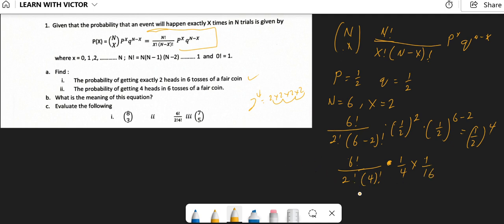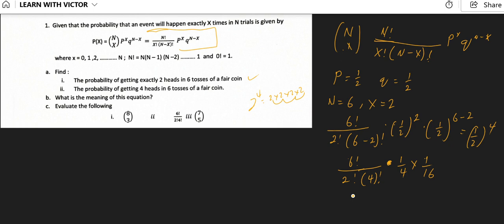Now I can expand the factorial. 6 factorial can be 6 multiplied by 5 multiplied by 4 factorial, because factorial means reduction of value, and I have 4 factorial here. So 2 factorial, then 4 factorial, multiply by 1 over 4, multiply by 1 over 16. The 4 factorial cancels 4 factorial.